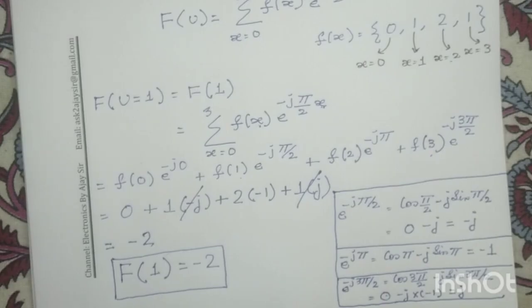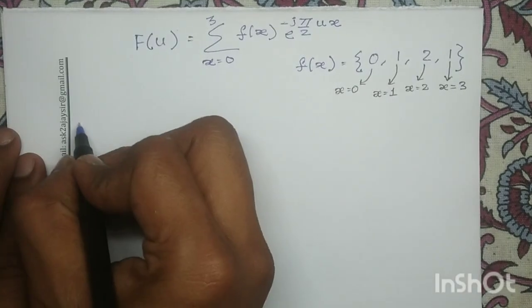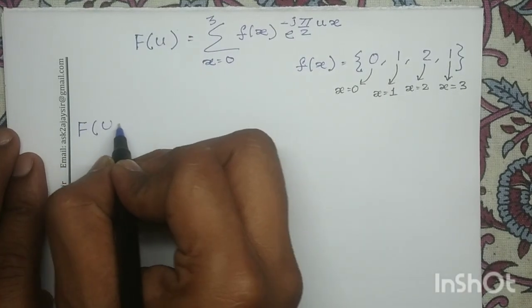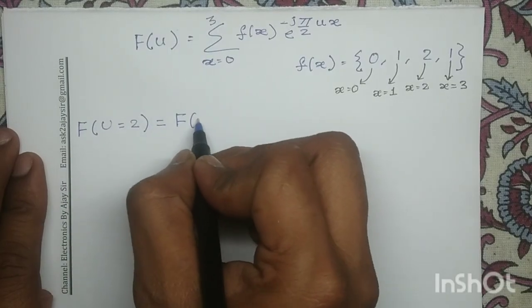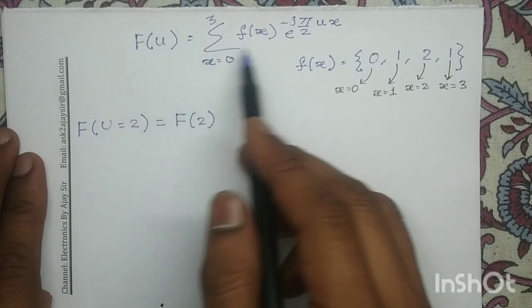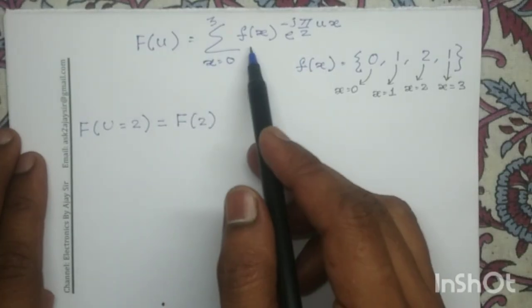Next we will compute F(u) for u equal to 2, that is F(2). In this F(u) equation, in place of u, we will substitute 2.